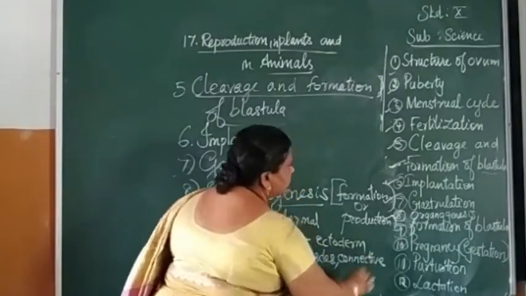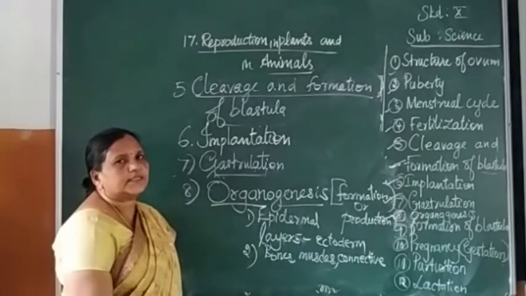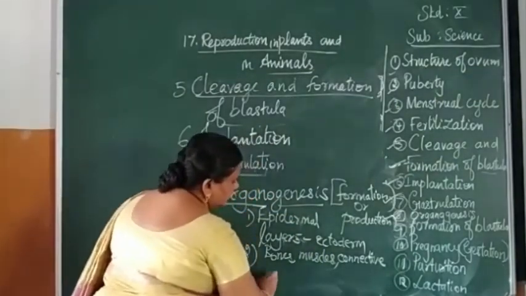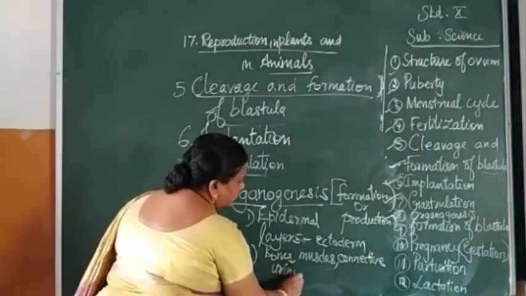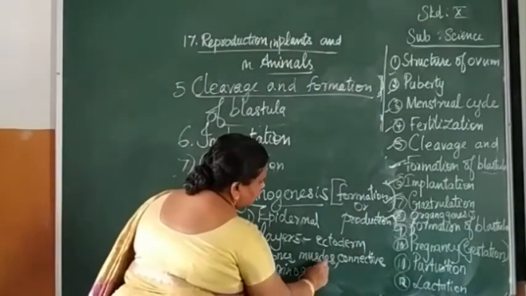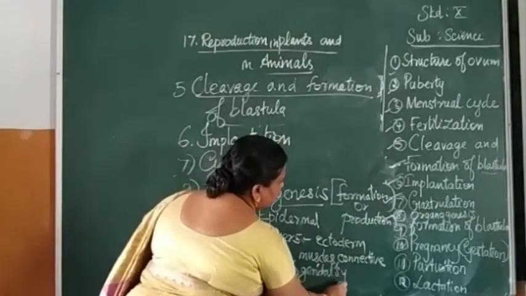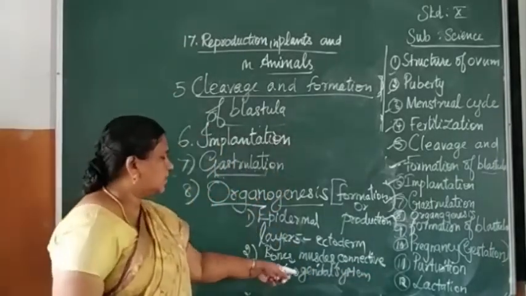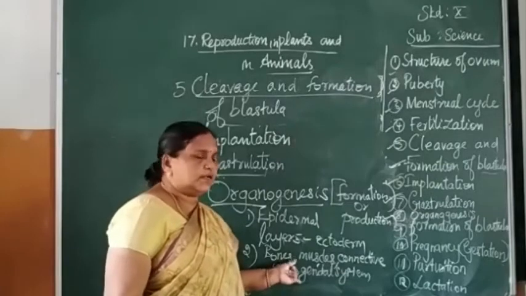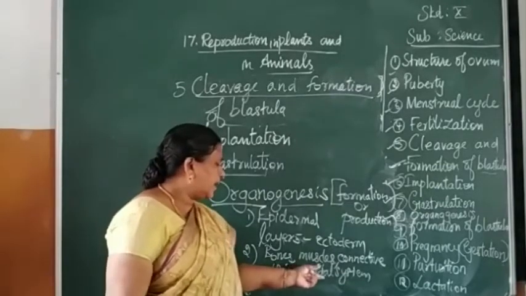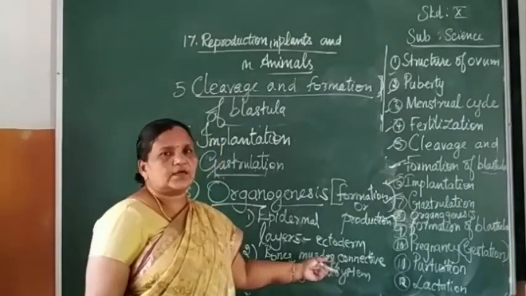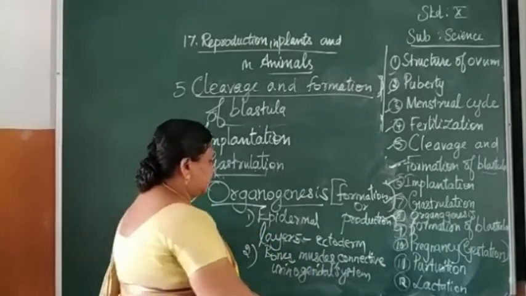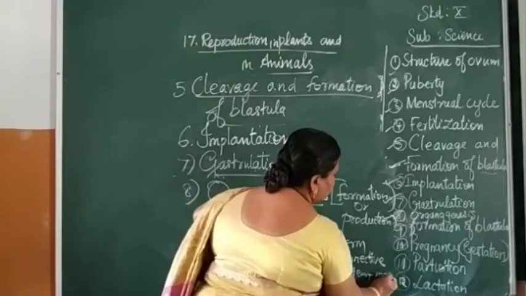Connective tissues means the cartilages which are connecting the bones. These are not given in the book, so for your understanding I am explaining this one. Urinogenital system means kidney and the gonads. Sex organs are also formed from the mesoderm.